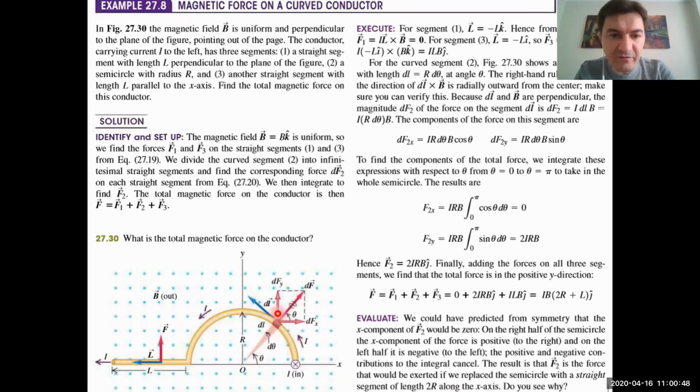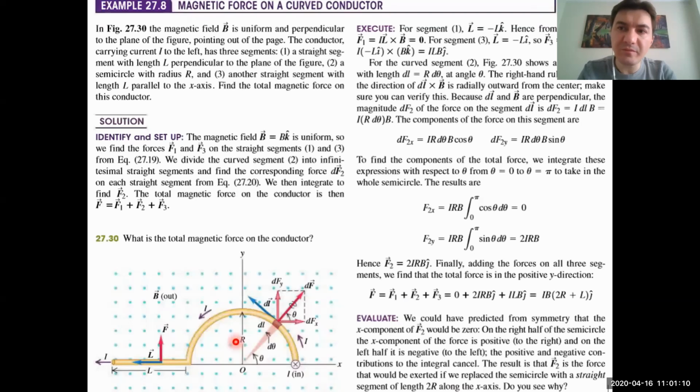Just choose a very small length here, which is given by dl, okay? And let's consider that this is the angle theta from the x-axis to the position of the dl, and this is the theta for very small segments, and this is the radius.